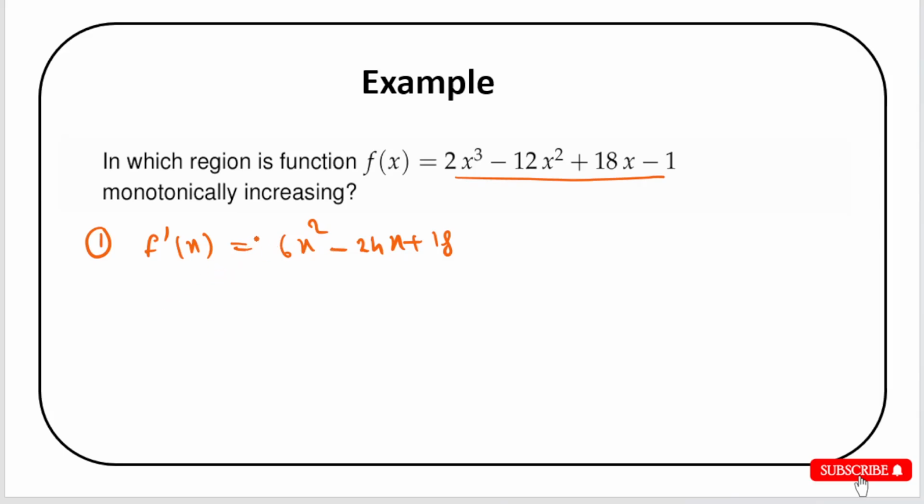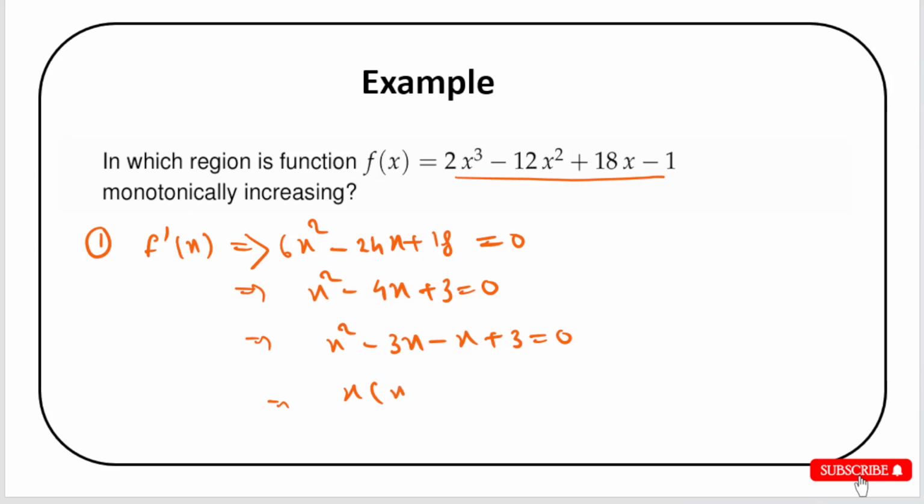Right now what you have to do, you have to first equate this to 0 to find out the roots of this particular equation, or you have to see the 0 values where the function has the 0 slopes, right? So let me do that. x squared minus 4x plus 3 is 0, so simplify. x squared minus 3x minus x plus 3 is 0, so x(x minus 3) minus 1(x minus 3) is 0.